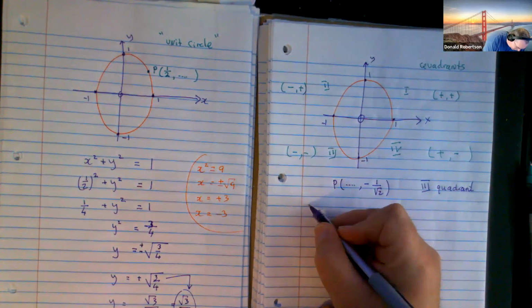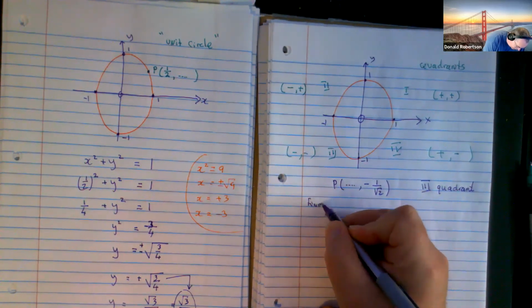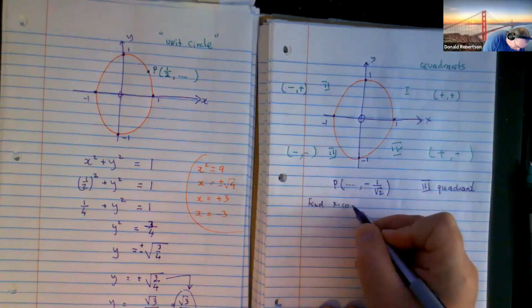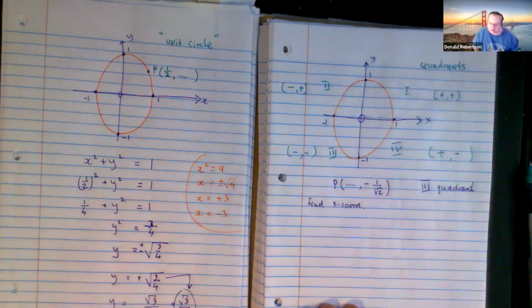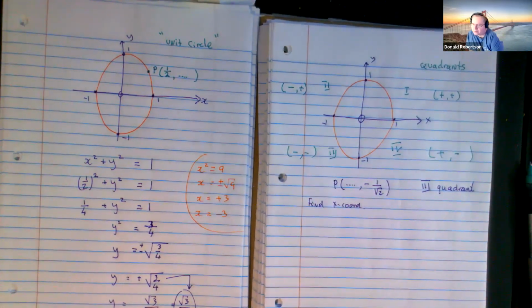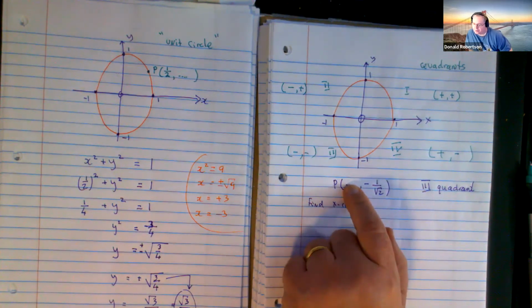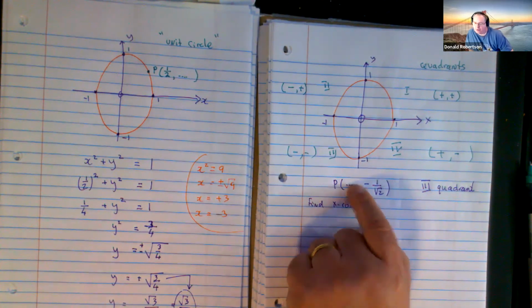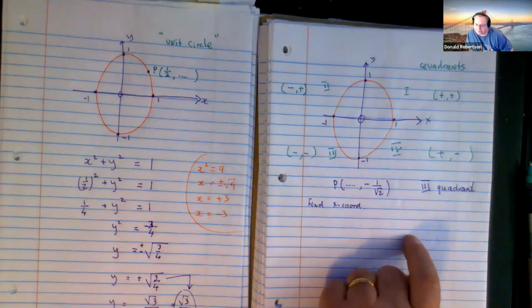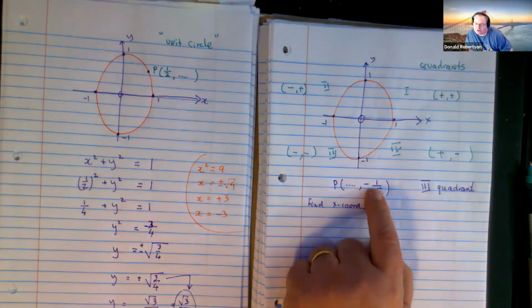And you're being asked to find what the X coordinate of that point would be. Okay, so that would be a pretty standard homework question, right? Find the missing X coordinate of this point P. And you know it's on the unit circle, right? And you know that its Y coordinate is negative 1/2.